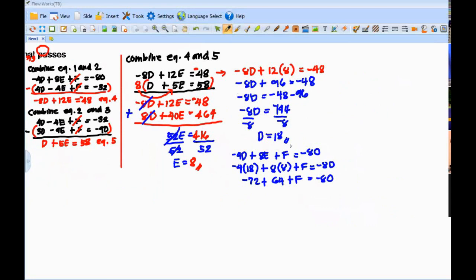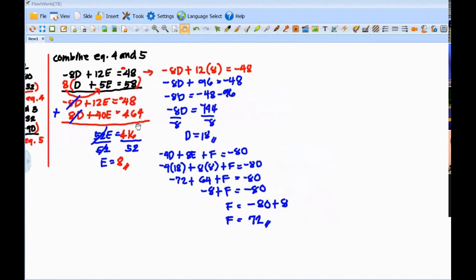So -8 plus F equals -80. So F equals -80 plus 8. So F is equal to 72.